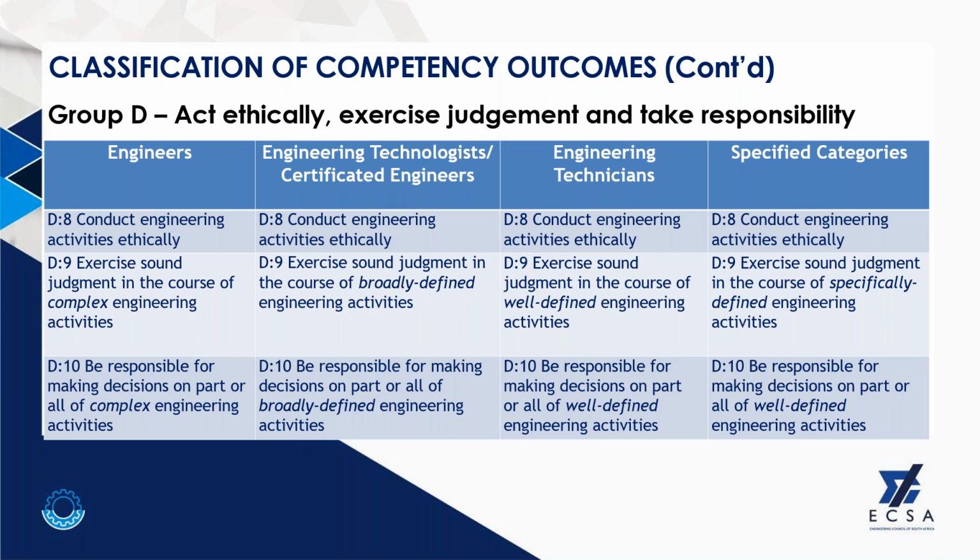There has to be a distinction between the person who's registered and who's not registered in terms of sound judgment when you are confronted with an engineering problem out there.